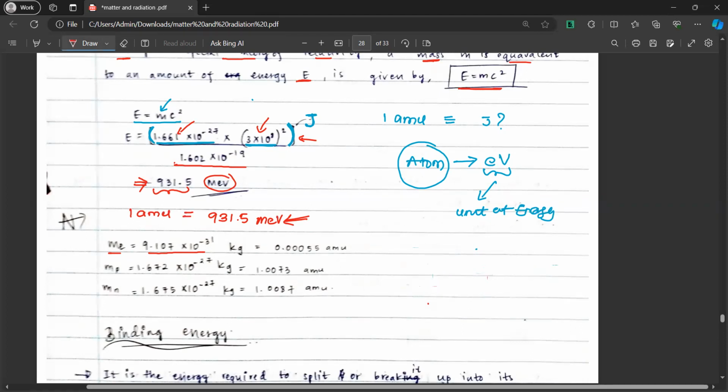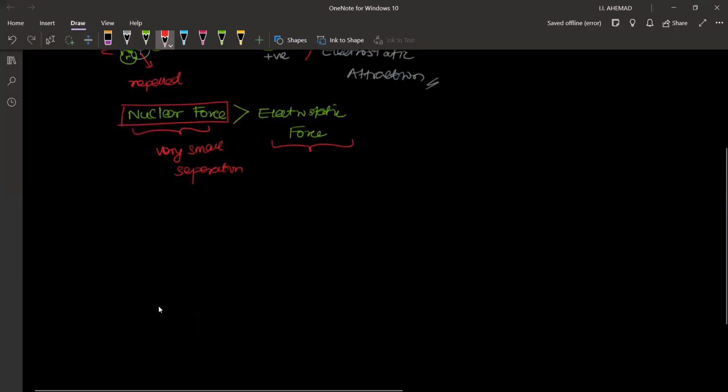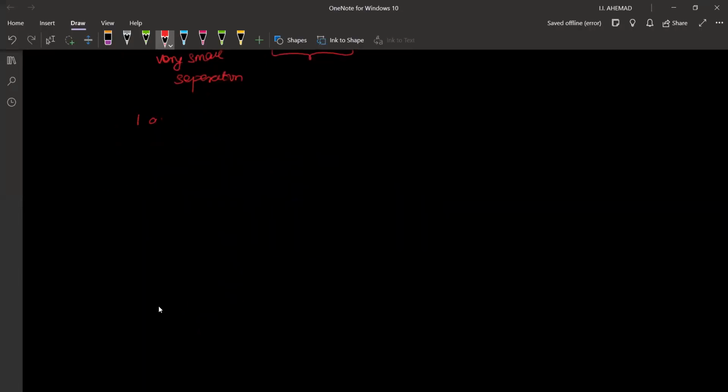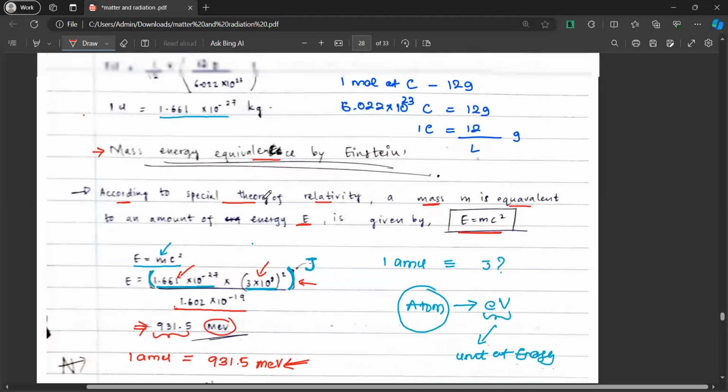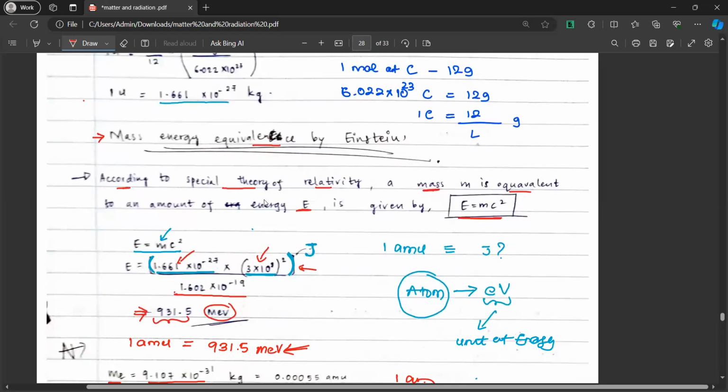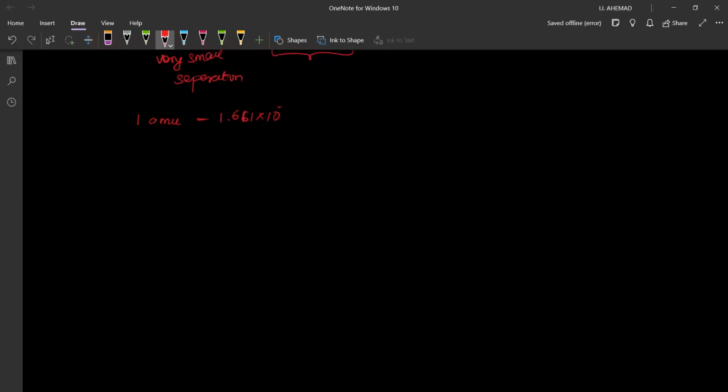We know that 1 AMU is equal to 1.661 into 10 to the negative 27 kilogram.